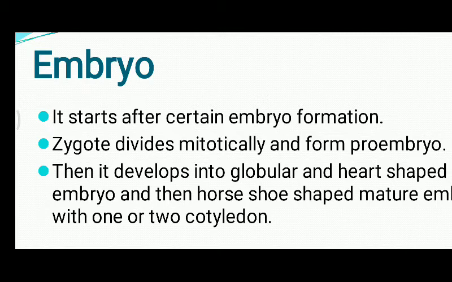The part of the embryonal axis above the level of the cotyledon is called the epicotyl, whereas the part below the level of the cotyledon is called the hypocotyl. The tip of the epicotyl is called the plumule, whose development gives rise to the shoot of the plant, while the hypocotyl ends into the radicle, which develops into the roots. So that is all about the embryo and its development.